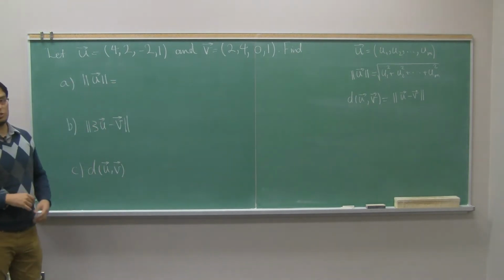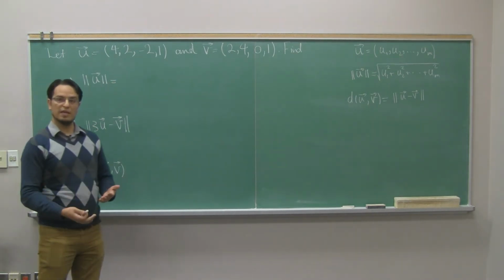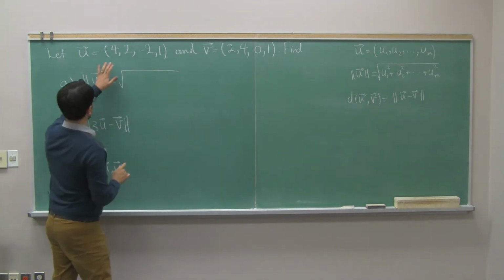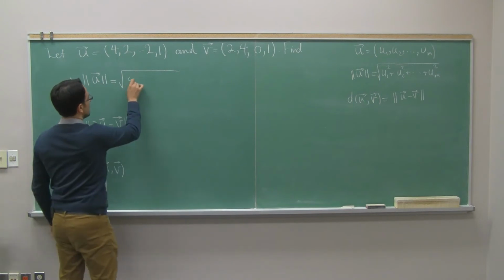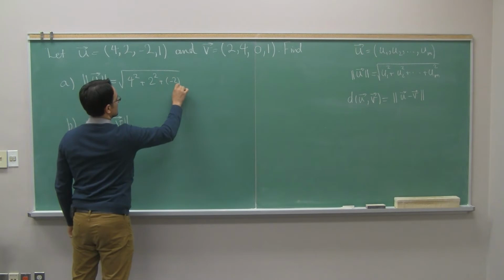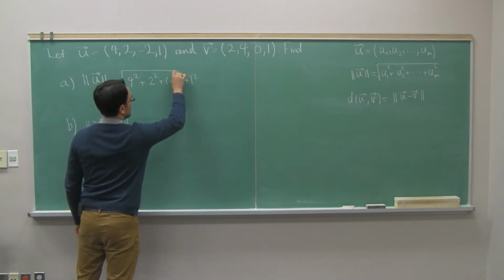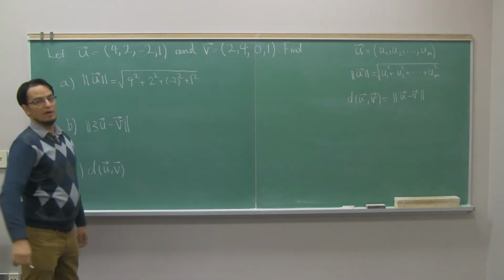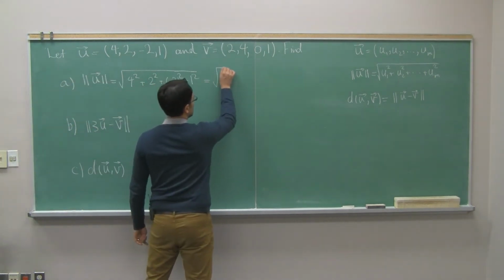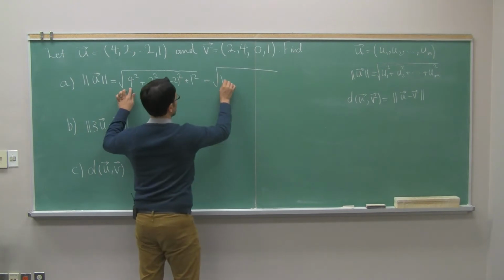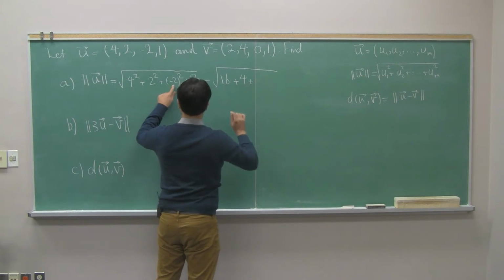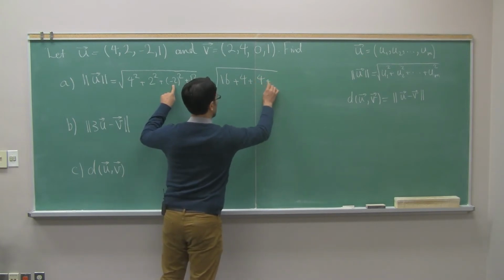So here the question asks what is the length of the vector u. I have to square each component. So 4 squared plus 2 squared plus negative 2 squared plus 1 squared. Add them and find the square root of that number. In this case we have 4 squared is 16, 2 squared is 4, negative 2 squared is again 4, and 1 squared is 1.